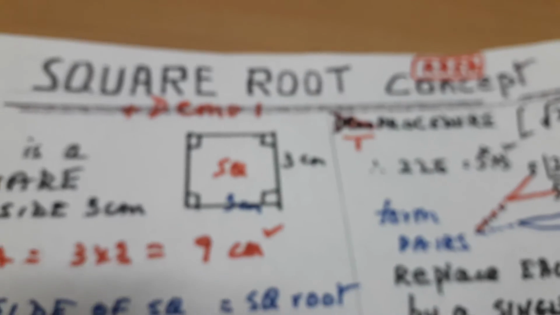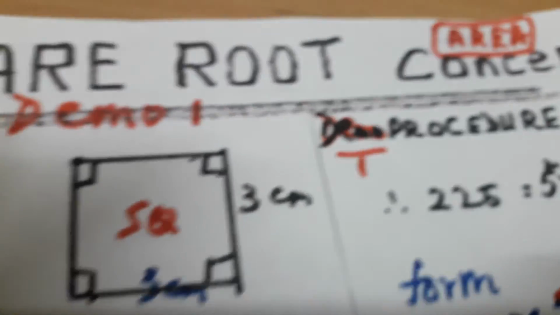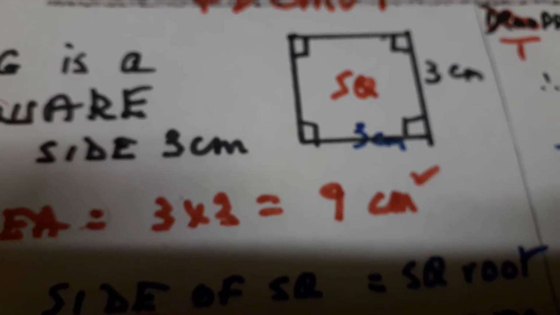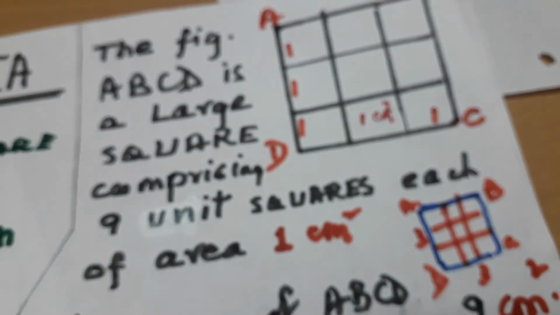Look at this: the square root concept using area, and also a demo problem. As you come back to the square, let me go back to that for a minute. In the square, you see the square has sides of 3 and 3, so the area is 9 centimeters squared.